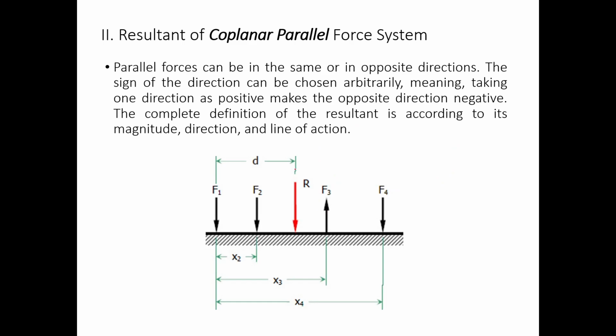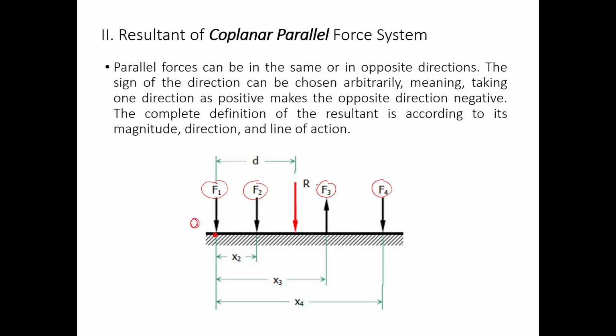Okay, so one example of a parallel force system is in this manner. For example, you have different forces in parallel. Say this is point O, and we take a moment about that particular point.